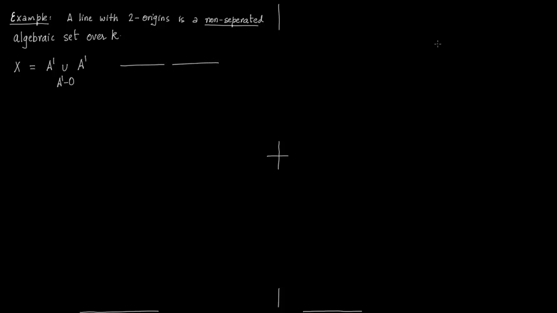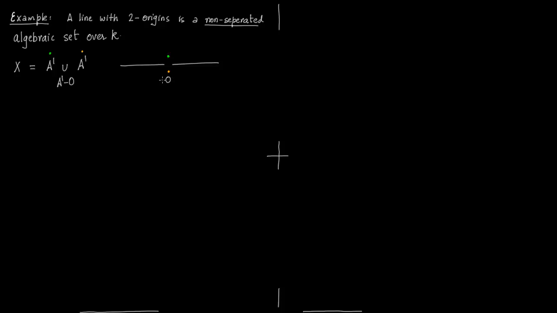So you have identified everything except the origin. So we have two origins which I am drawing in two different colors, green and orange, corresponding to two different copies of A1. Other than the origin, you have identified everything else.